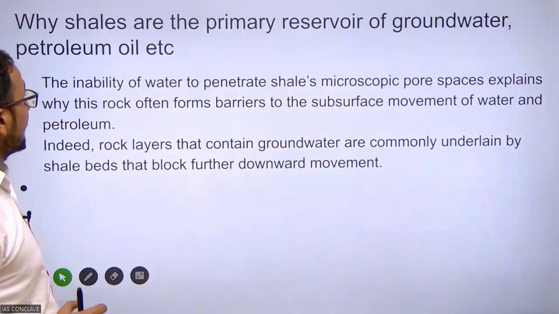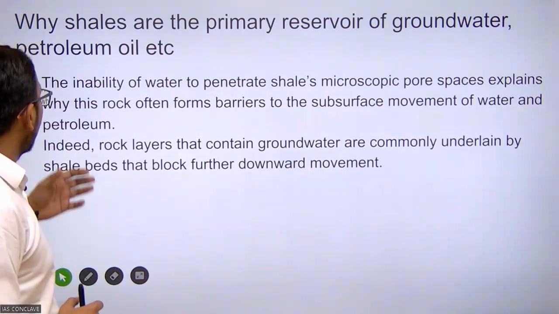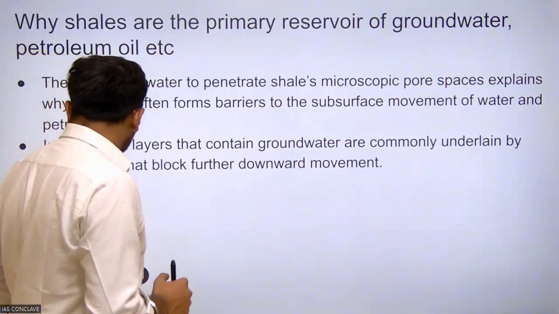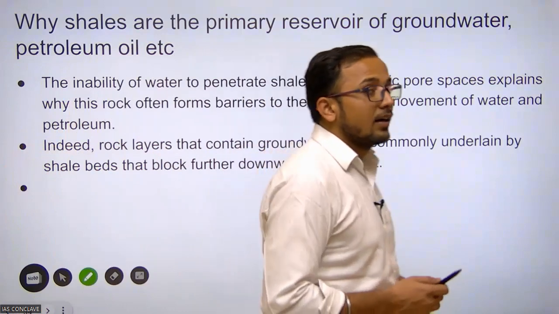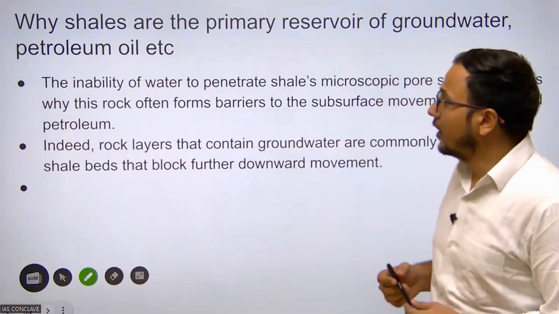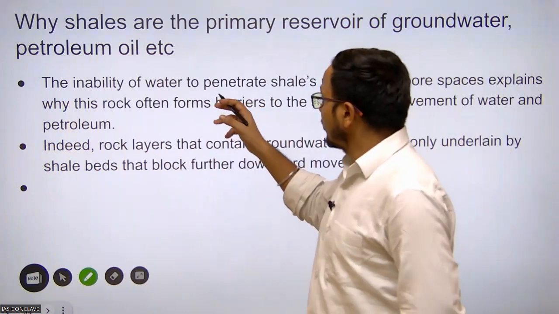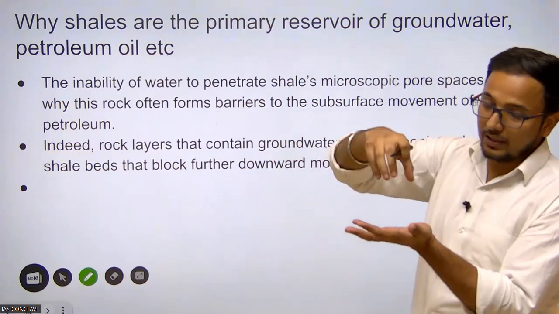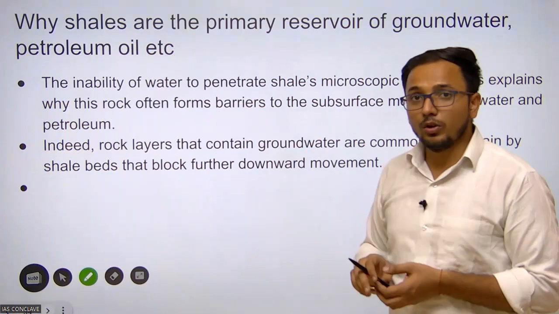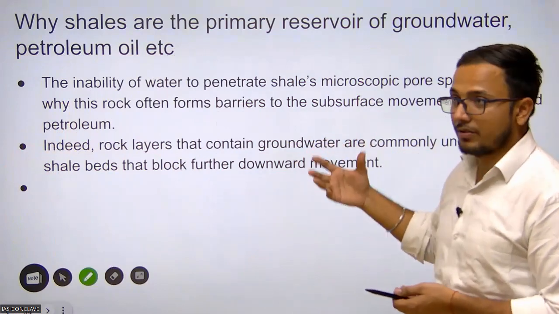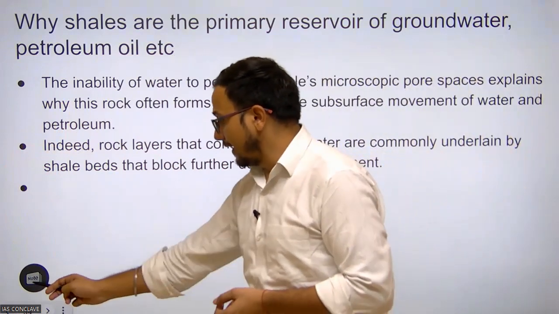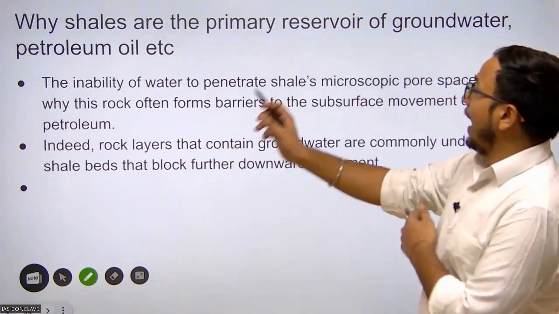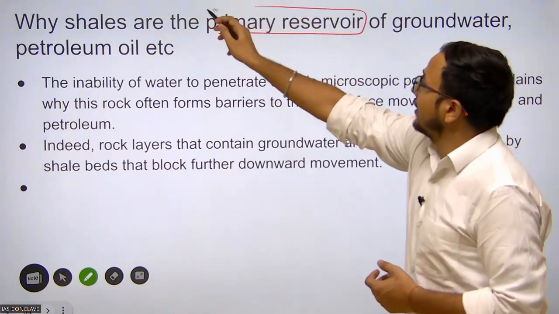Now, why are shales the primary reservoir of the groundwater, petroleum, oil, etc.? It is because of the permeability. Because of the inability of the water to penetrate, if any solution is there upon the shale, it prohibits the penetration, and that's why it acts as a primary reservoir.